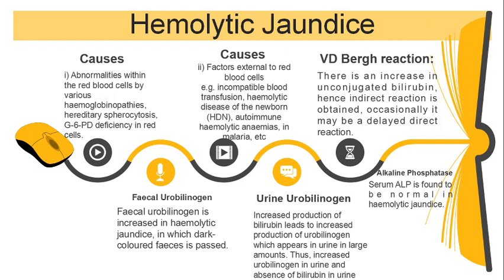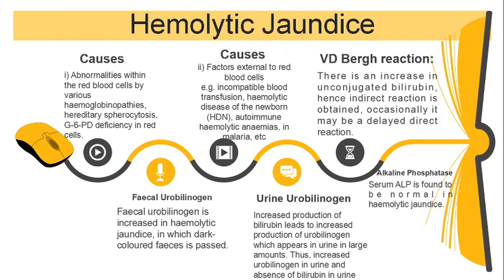In a normal adult, the healthy liver has the ability to conjugate and excrete about 3 grams of bilirubin per day. But in the case of hemolytic jaundice, due to excess bilirubin production, the liver cannot conjugate.